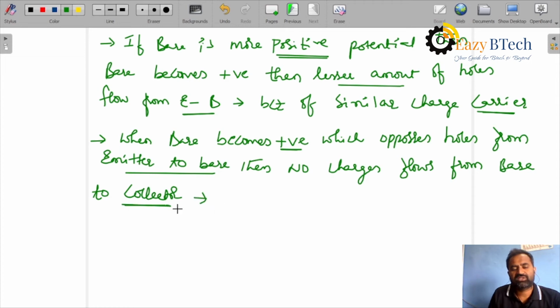It is not a transistor action. It is also an undesired condition.